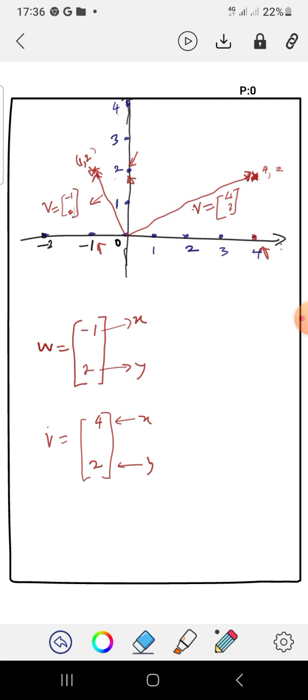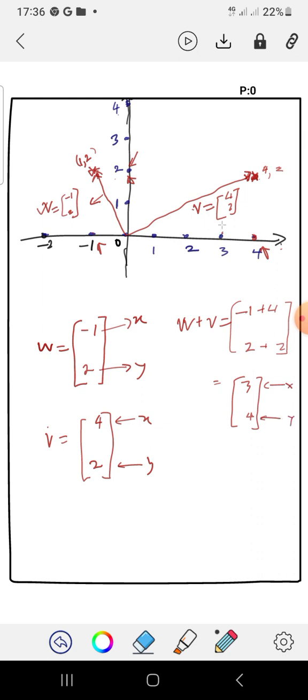Now let's add the two. Omega plus V will give us, this is omega, and that's V. So when we add the two, we are going to have -1 plus 4, and 2 plus 2, and it's going to give us 3 and 4. So let's go to the x-axis here, x and y.